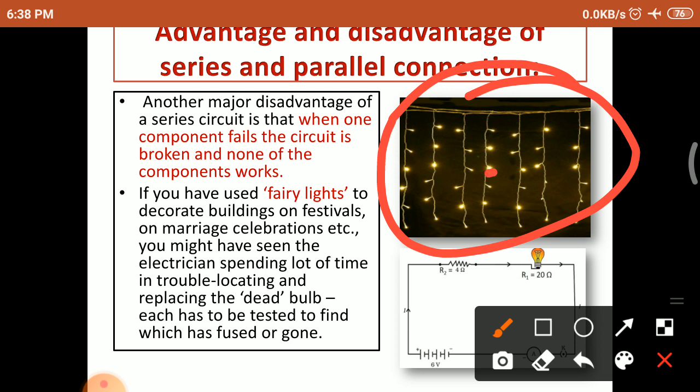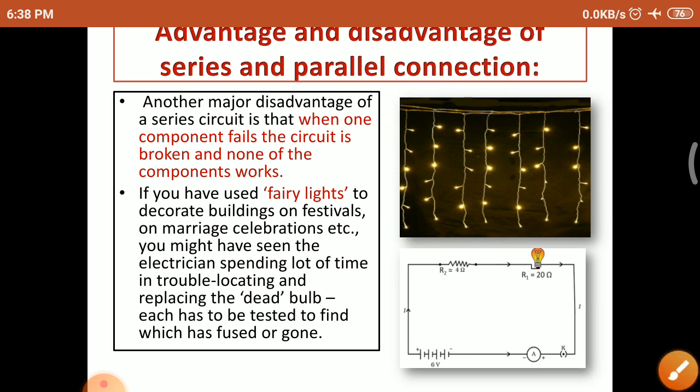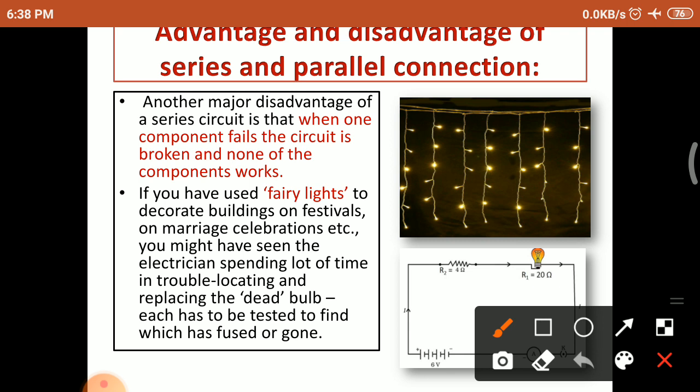Each has to be tested to find which has fused. If any one electric gadget is broken in a series combination, none of the other components work.